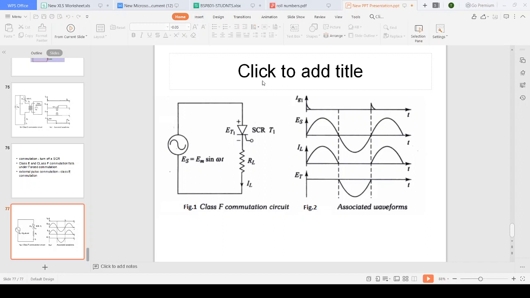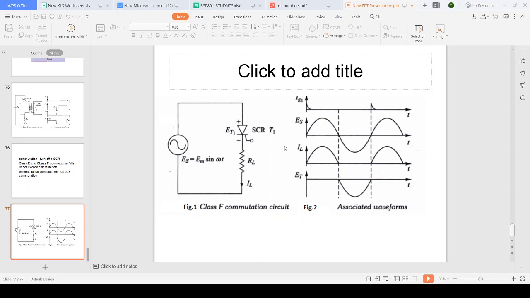Now initially, when we apply a trigger pulse, when we apply the value of Ig1, current to the gate terminal, current IL will flow through the SCR.